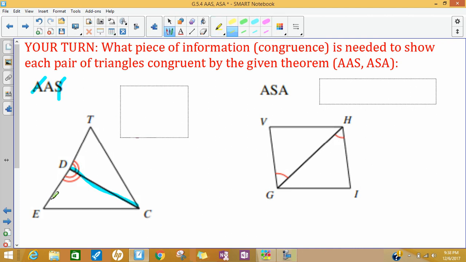I need to know that angle E and angle T are congruent. That would give me angle, angle, side. So this blue side's not between those two angles. And that would give me angle, angle, side.